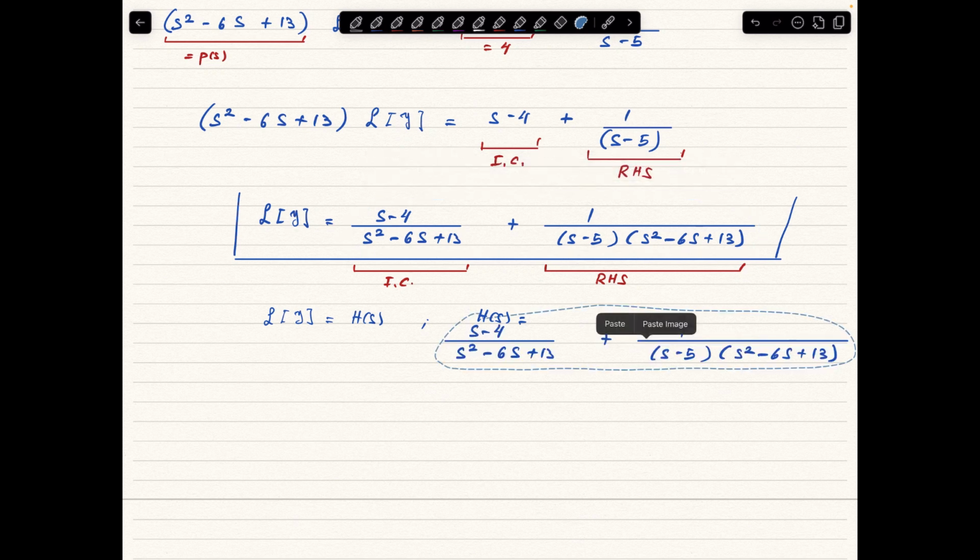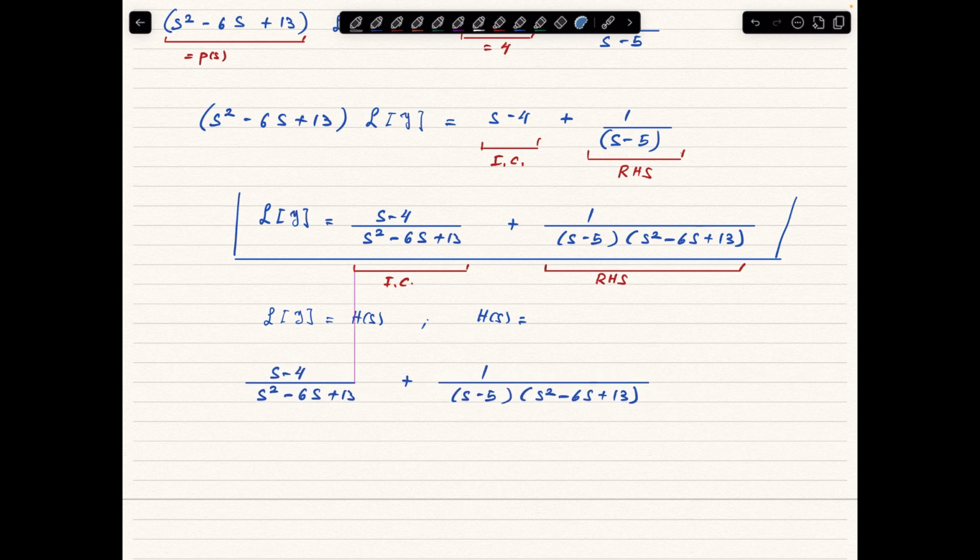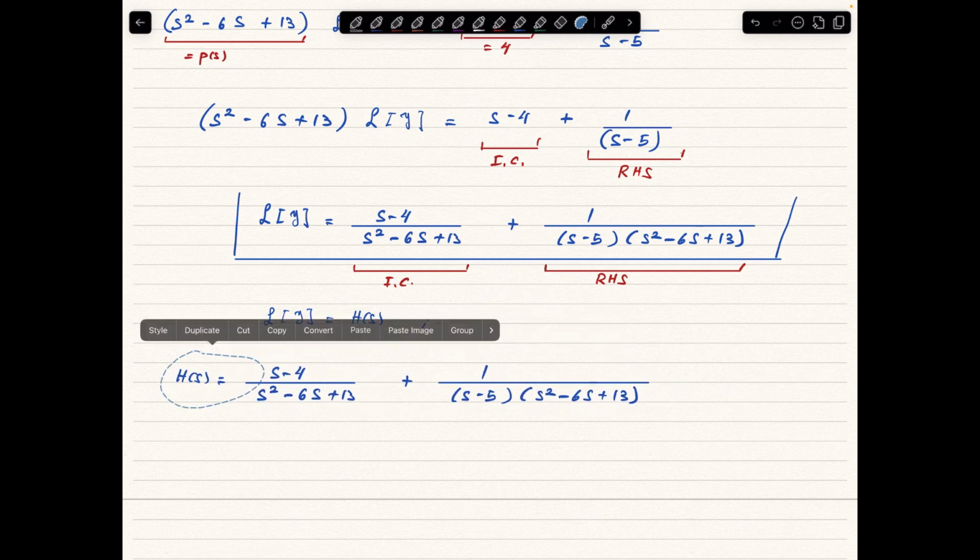Let's copy it here. So this is what h of s is, and of course this is not in the Laplace transform table.